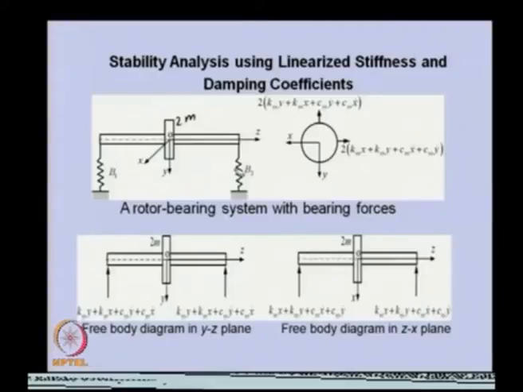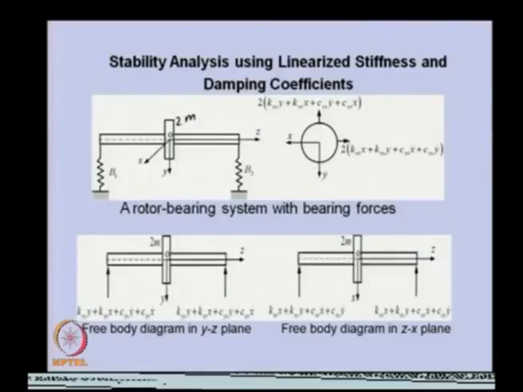Now, if we draw the free body diagram of this rotor, we will see that the fluid film forces in the x and y direction will be given by this. So, this is basically the fluid film force in the x direction, and in this we will have contributions from stiffness as well as damping terms, and because cross coupled damping and stiffness are also there, those terms will also be there. Similarly, in the y direction we will have this.